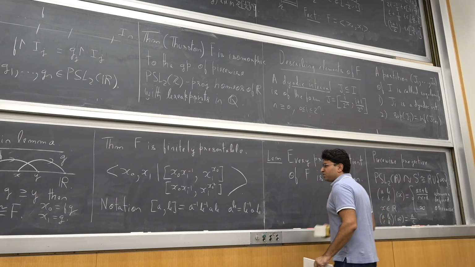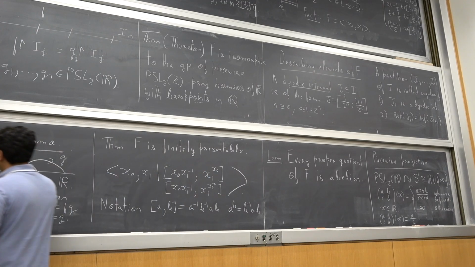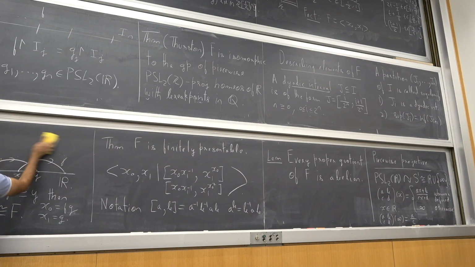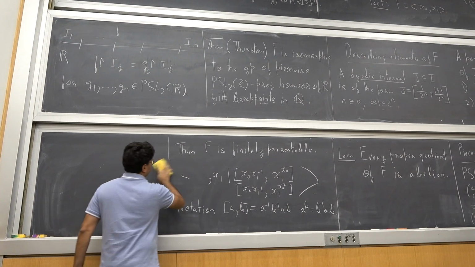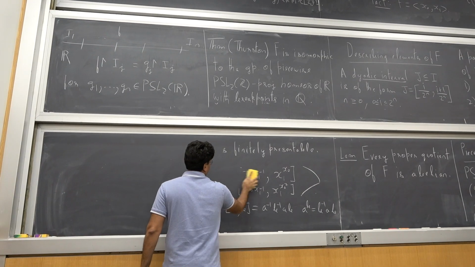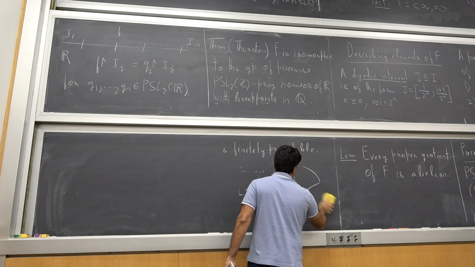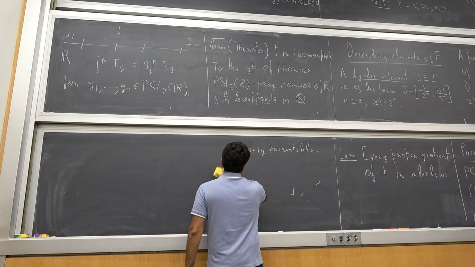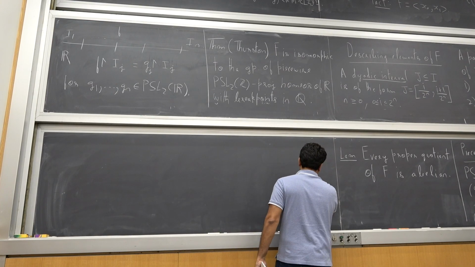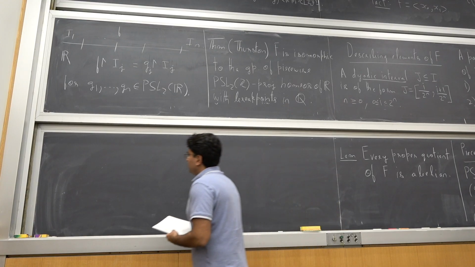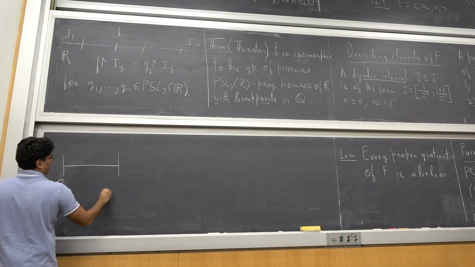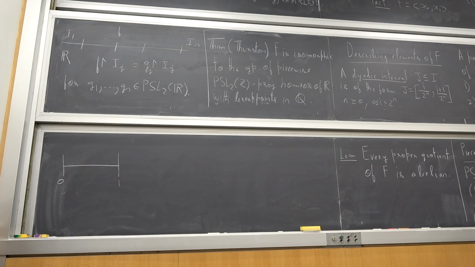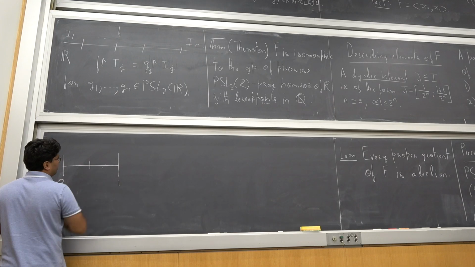There is a very natural way of building dyadic partitions of the interval, by using finite rooted binary trees. So this is my unit interval. This is a dyadic partition. Another thing I could do is slice it in the middle.